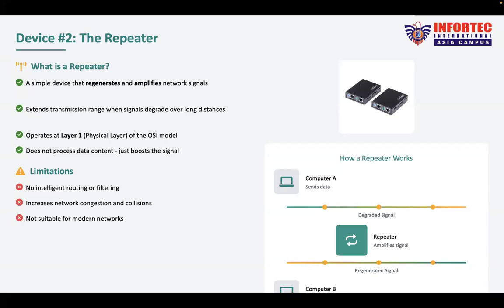So we put this under layer 1, the physical layer in the OSI model. Some limitations are there in these repeaters: no intelligence, routing or filtering, increased network congestion and collision, not suitable for modern networks.